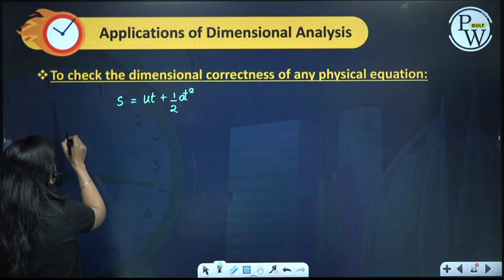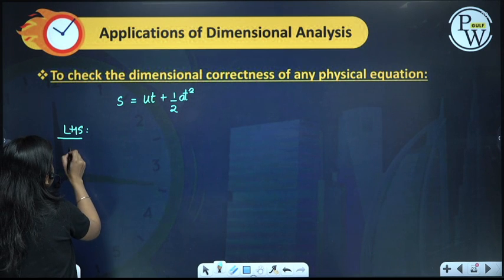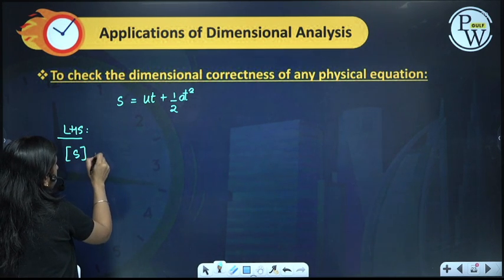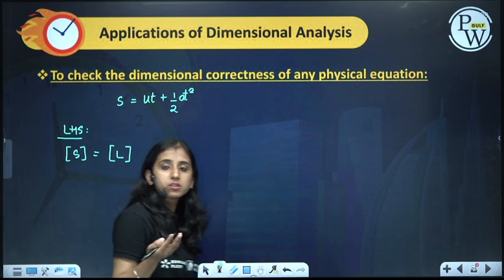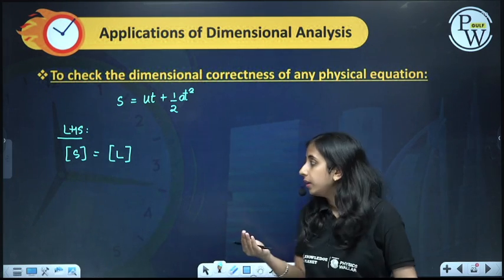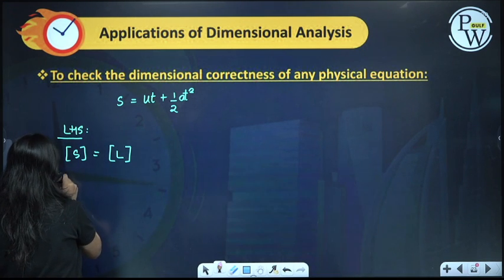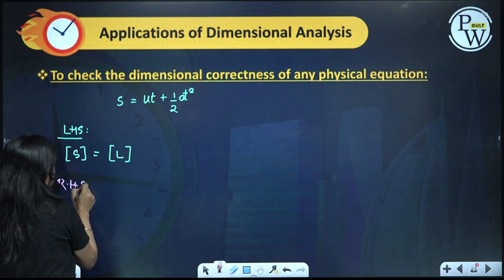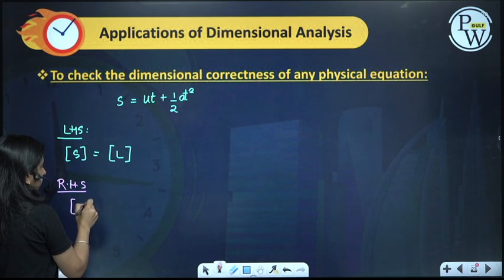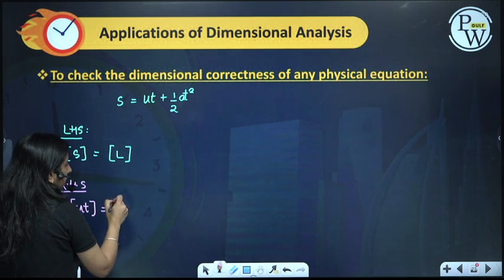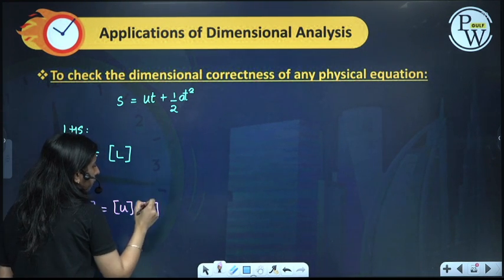S is my displacement. Let us check the left hand side. Displacement will have the dimensions of length. Now let us check the right hand side. First is ut. The dimensions of ut will be dimensions of u into dimensions of t.